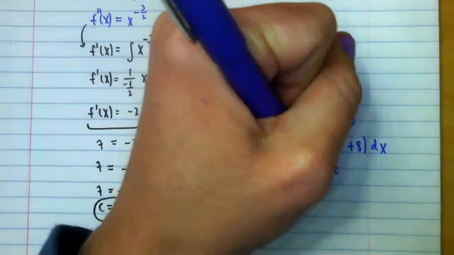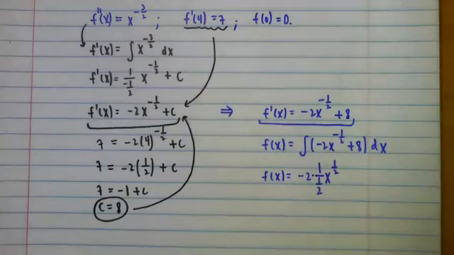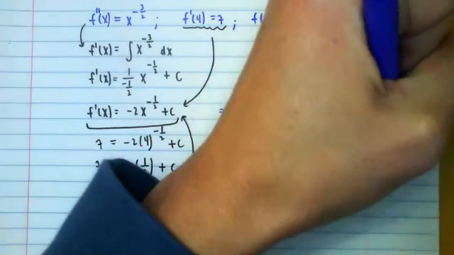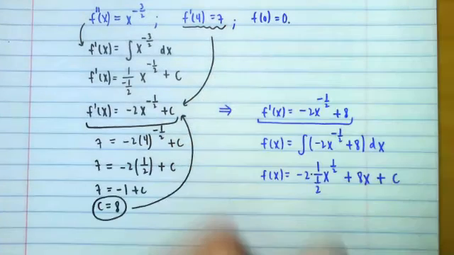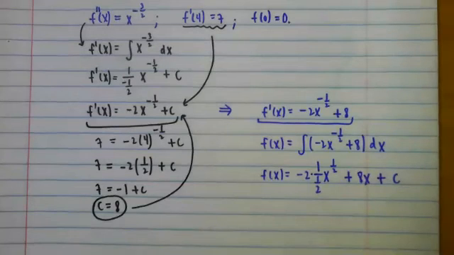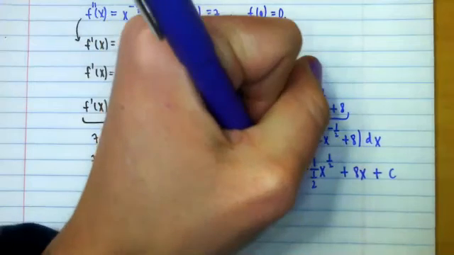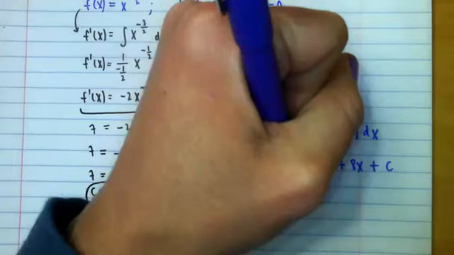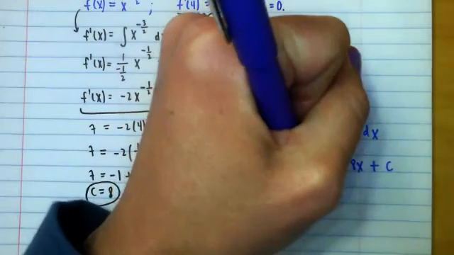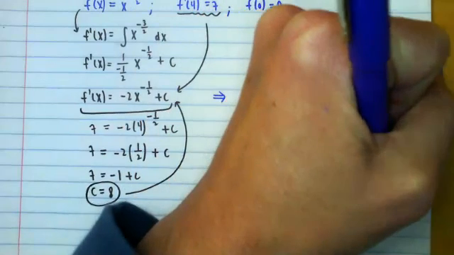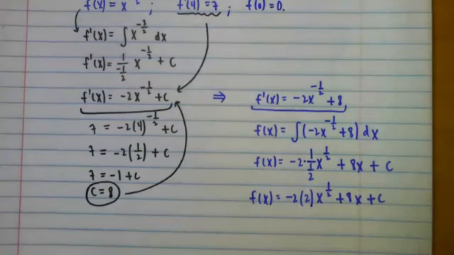And we'll simplify a little bit, right? F of x equals -2 times 2, x to the 1/2 plus 8x plus c. And then we'll simplify a little more, so f of x, almost there, is -4x to the 1/2 plus 8x plus c.